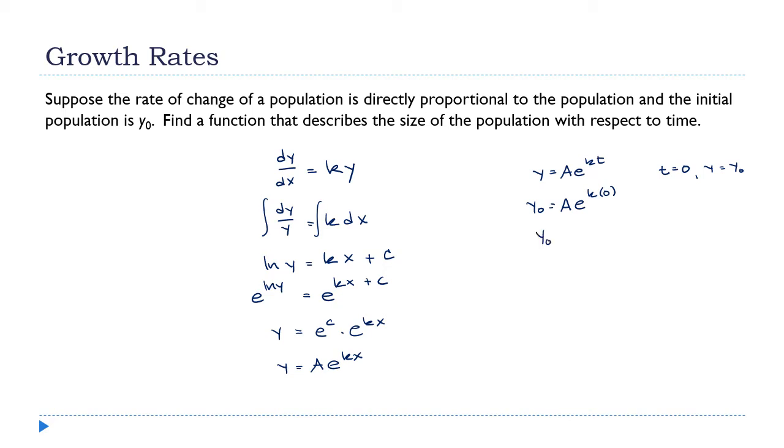So y0 equals a, or a better way to say it, that constant a is equal to the initial population. That means my equation is y equals y0 e to the kt. Again, hopefully that's familiar. That's your standard exponential growth or exponential decay equation.